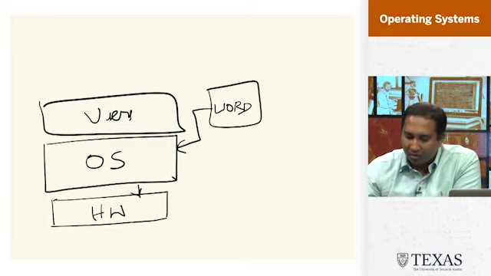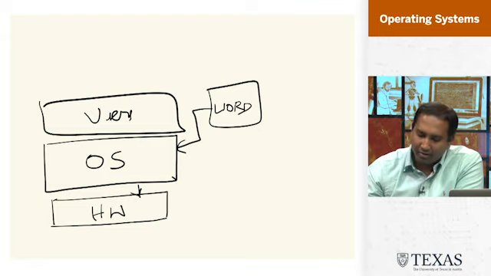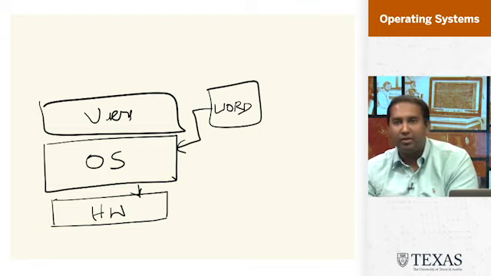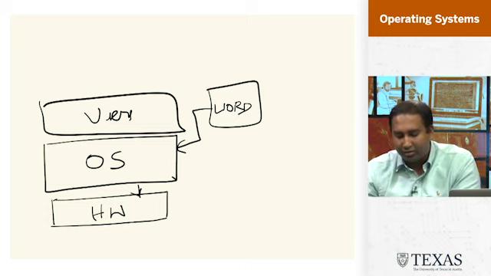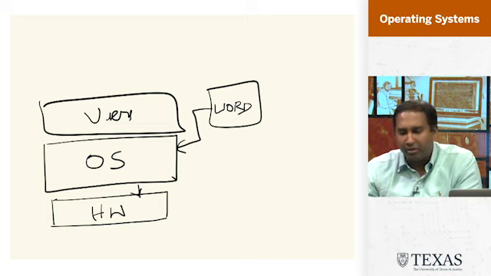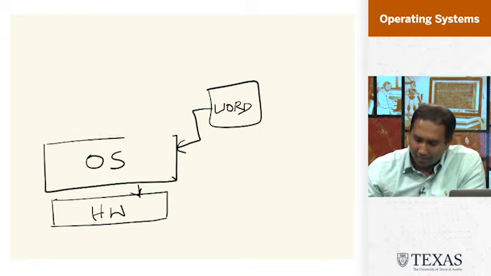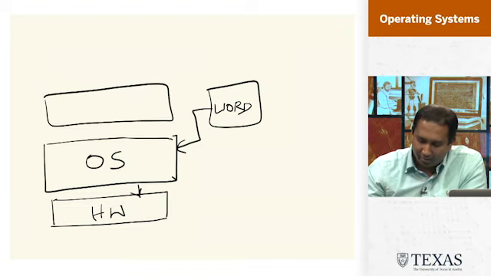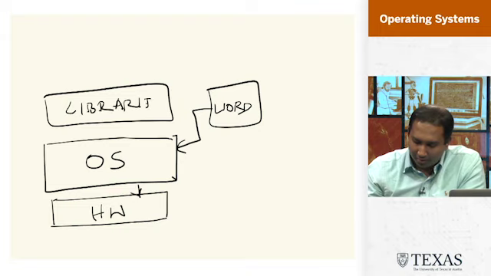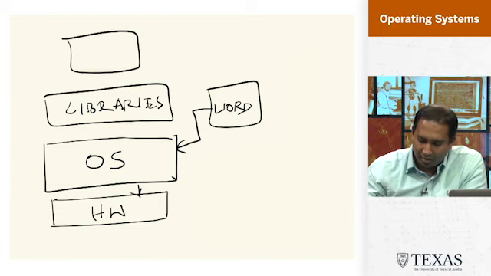Now one thing we should make clear is that a lot of the stuff in C programs that students are typically familiar with, for example the printf function, is actually a user space library. The way that would work is you have your OS, then you have your libraries, and on top of that you have your application.